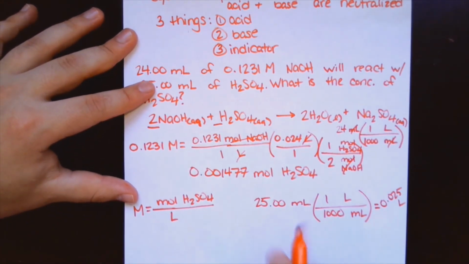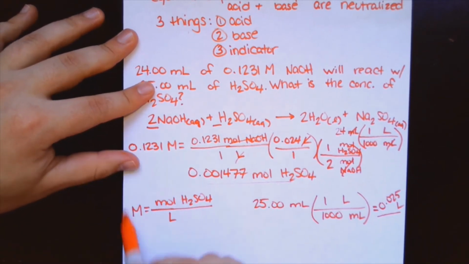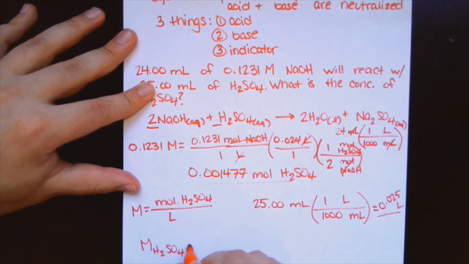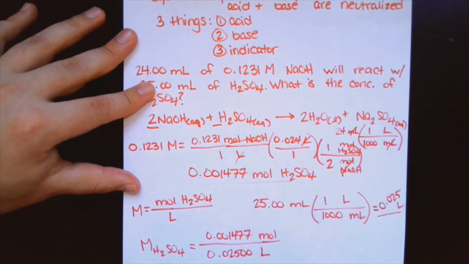Alright, so now let's plug this value and this value into our equation for molarity. So the molarity of H2SO4 equals 0.001477 moles of H2SO4 over 0.02500 liters.